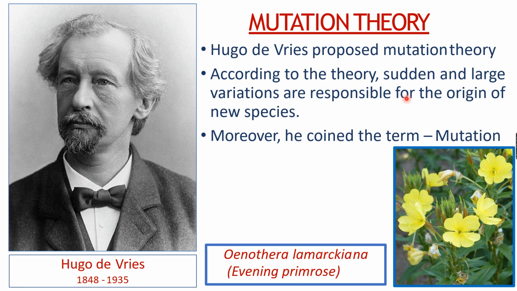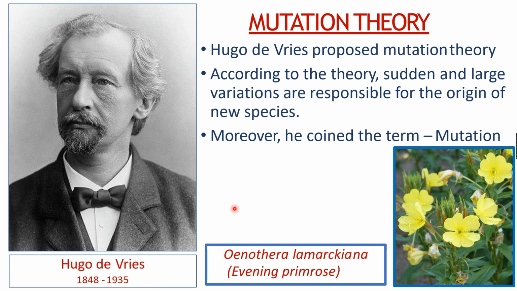According to him, sudden and large variations are mainly because of mutation or mutagenic agents. These are responsible for variation and origin of new species. And the term mutation was first proposed by Hugo de Vries.